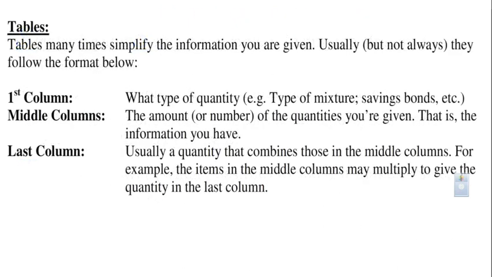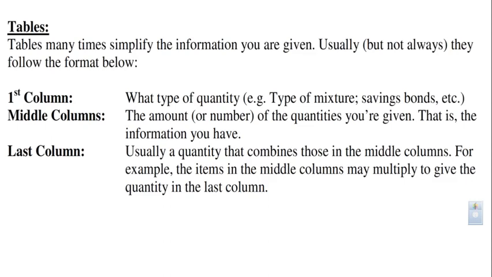Now, before I go on to do some examples, I need to point out two more things. The use of tables. Tables are extremely useful when solving word problems, but sometimes people have difficulty making tables. So in a few examples here, we'll learn how to create tables to help us to organize the information. When we're doing the tables, you may want to first create a column that identifies the type of quantity, whether it's a type of mixture or a type of savings, CD, a certificate of deposit versus a savings bond, if it's an interest problem.